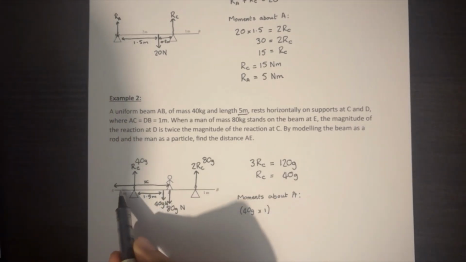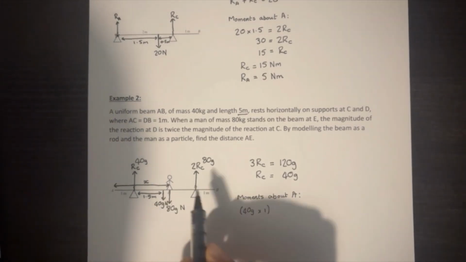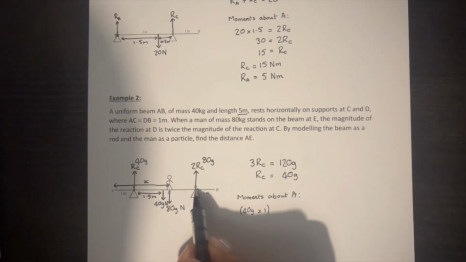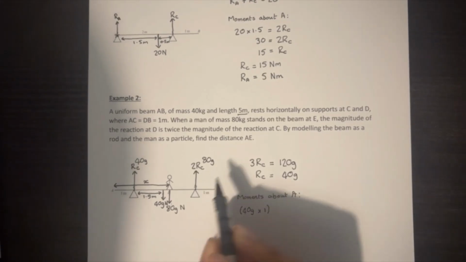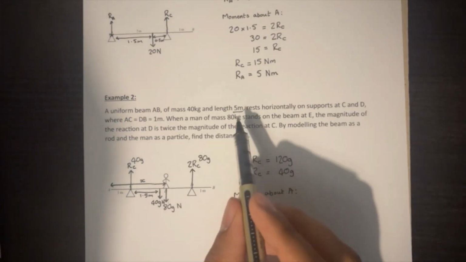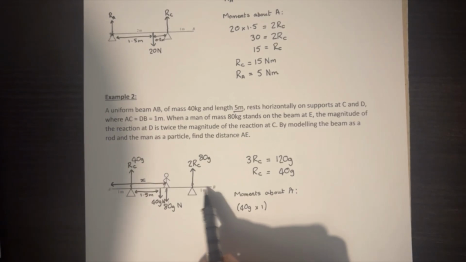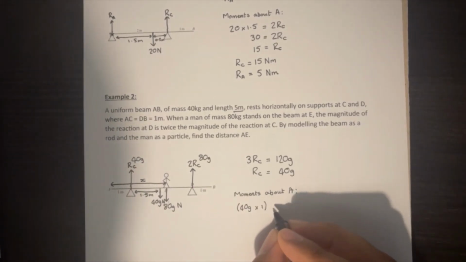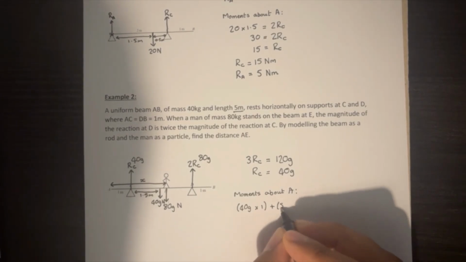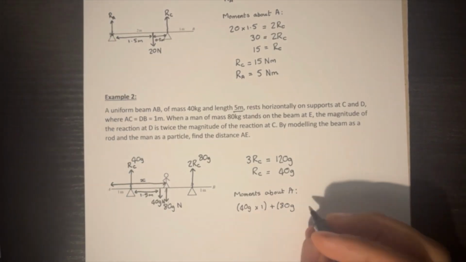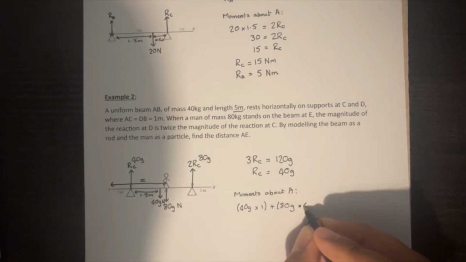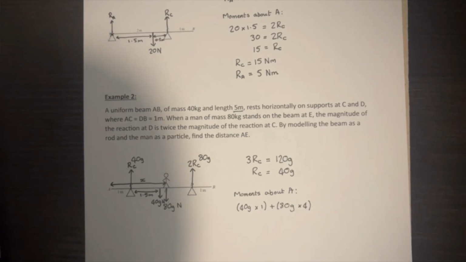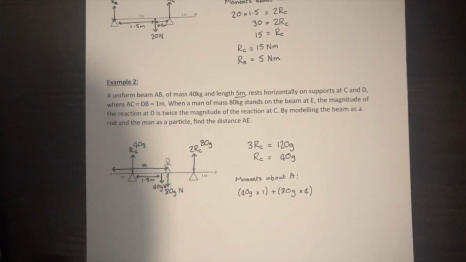And we've also got 80g times the distance from A to this point here. If the entire length of our beam was 5 meters, and this is 1 here, this distance here must be 4. So I've got 80g times 4. That is the sum of the moments in the anti-clockwise direction.